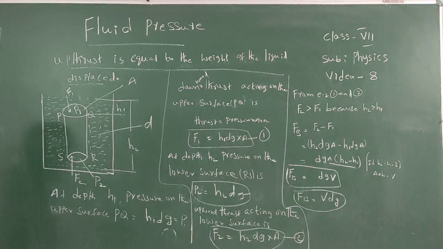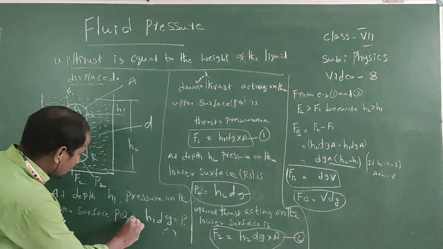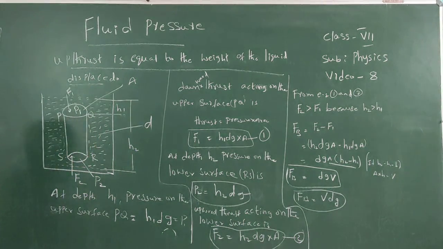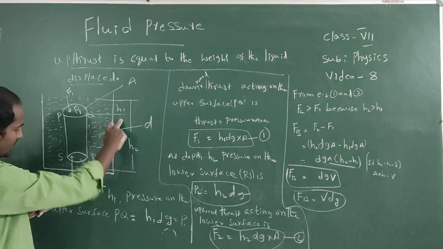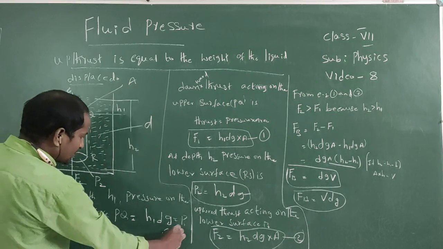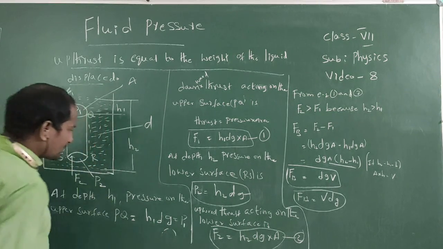At the depth h1, the pressure on the upper surface PQ equals the height of the liquid into the density of the liquid into the acceleration due to gravity. Here the height is h1, so h1 into d into g equals P1.